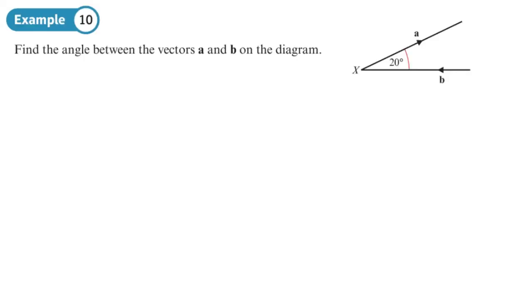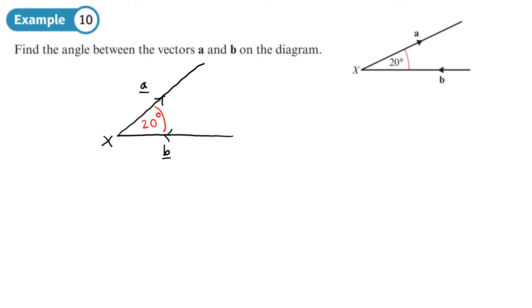Okay, let's have a look at this example here. So it says find the angle between the 2 vectors A and B on a diagram. Now do you notice that these 2 vectors, let's just draw this diagram again. We have this point X. Look at the direction of the vectors. There's my point X here. Here's A, here's B, and I've been told that this angle here is 20 degrees.